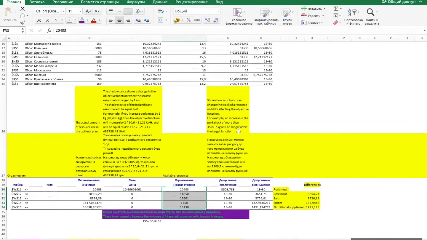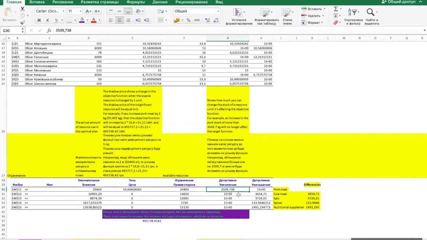It means that if we increase our pork stock beyond this value, it will no longer affect the target function. So if we increase up to this value, it will increase our objective function.